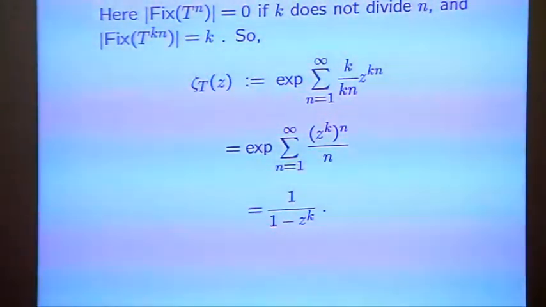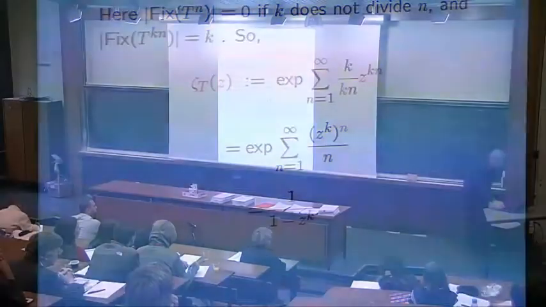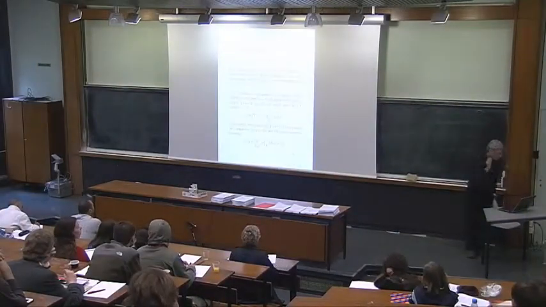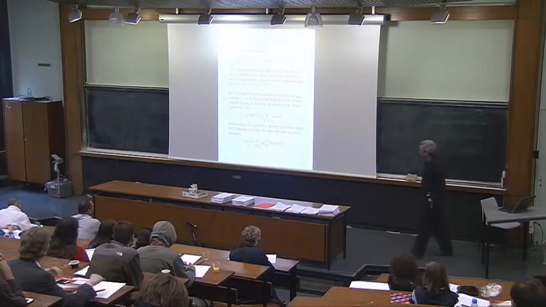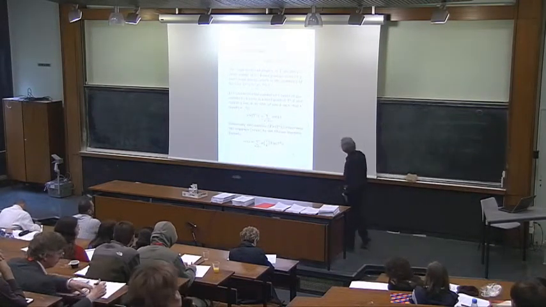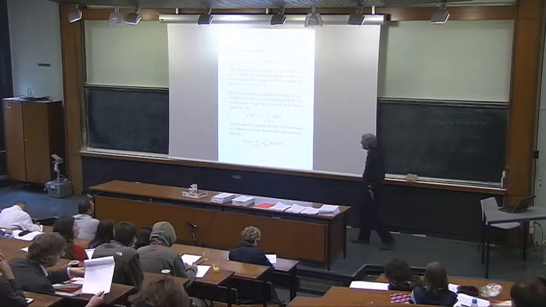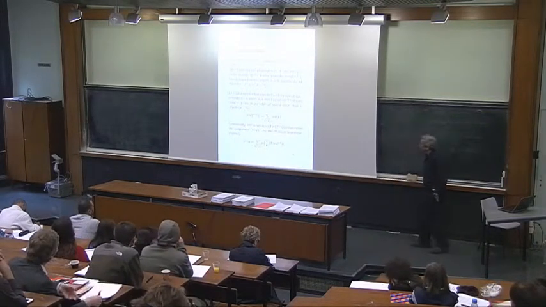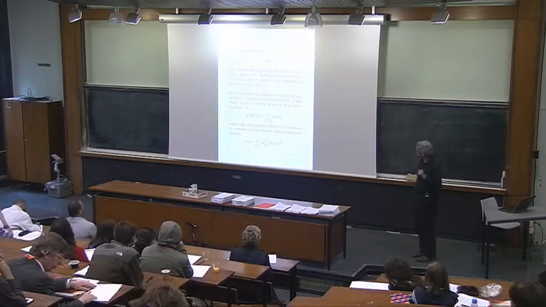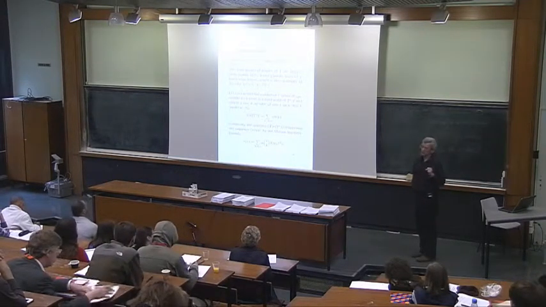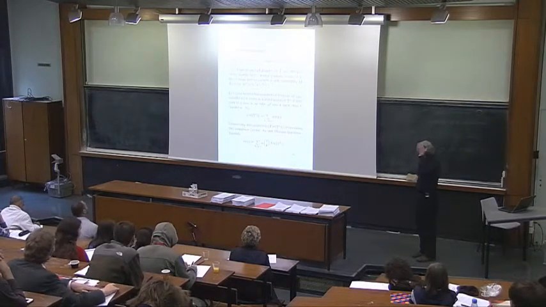Well, actually, now we basically have the general case. So let's just see how that works. It works by the product formula. Let's suppose that we're in this general case, we have T from the space to itself, and each power has only finitely many fixed points.